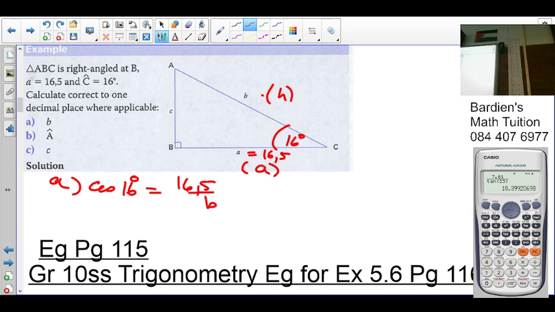You all understand? So what we do now, we naturally put this over 1 and we cross multiply. So it's going to be b cos 16 is equal to 16 comma 5.